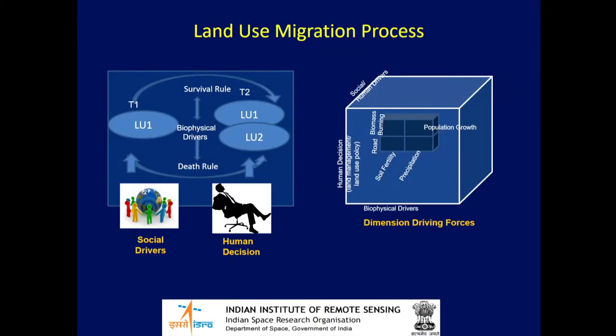So let's see how, if we want to do some kind of modeling process, we need to understand how things are going to work. If we are looking at land use land cover changes, then we need to understand how the state of a particular piece of land is going to change over two time periods.